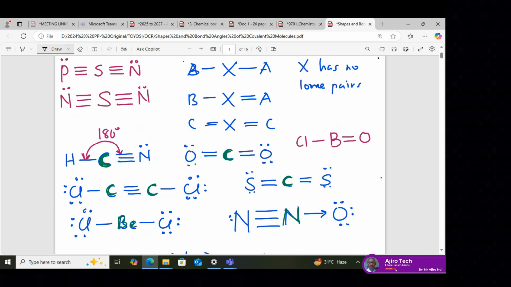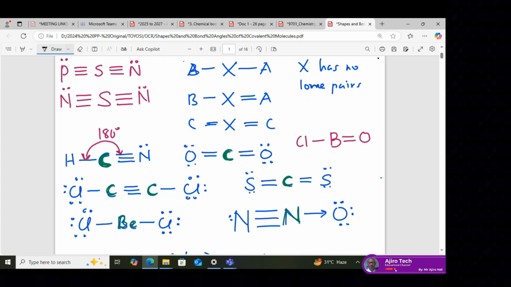Carbon is a group 4 element, it has 4 electrons in the outer shell. Out of those 4 electrons, it shares 3 with nitrogen and 1 with hydrogen. Does it have any lone pair left? No. How many directions of bonding pairs do we have here? Two. So HCN is a linear molecule.